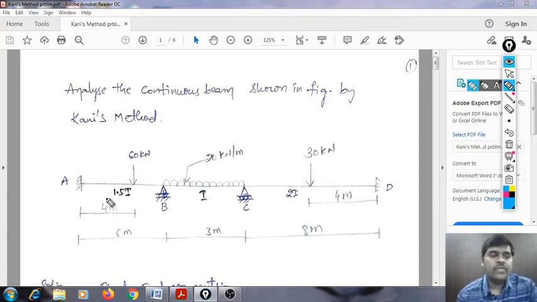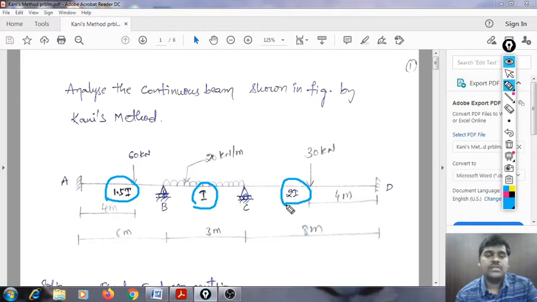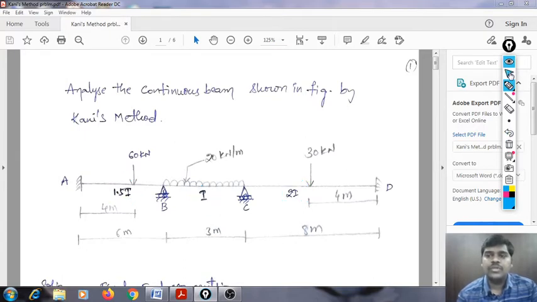The moment of inertia of AB is 1.5 I, BC is I, and for CD it is 2I. What difference is this moment of inertia going to make in this problem? The students must keep these 1.5 I and 2I in mind while solving the problem.